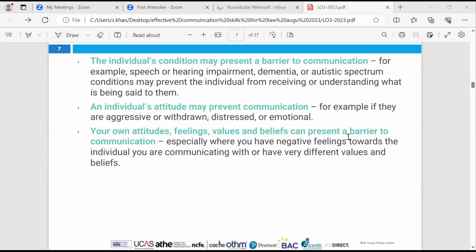Can you say the question again, please? Why do you think it's so important not to talk to patients in medical terms? They might not understand what you're saying. Yeah, they're more likely to not understand what you are saying.